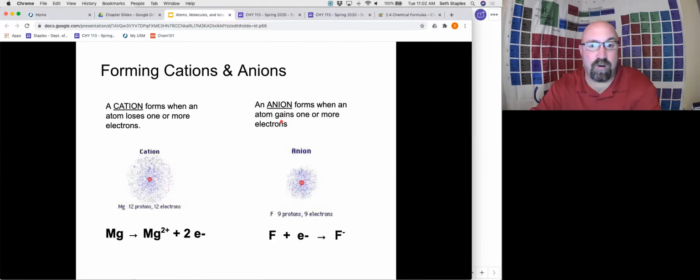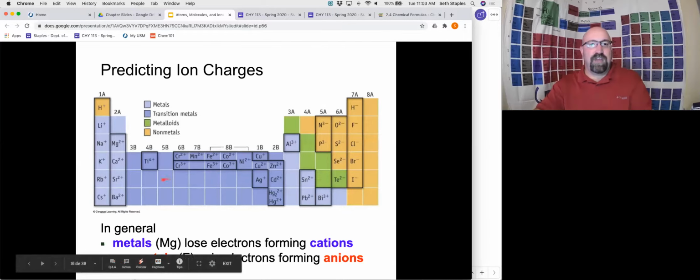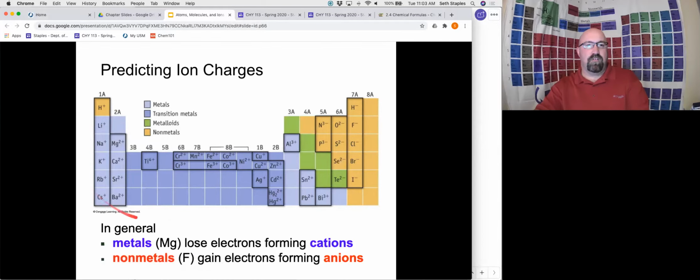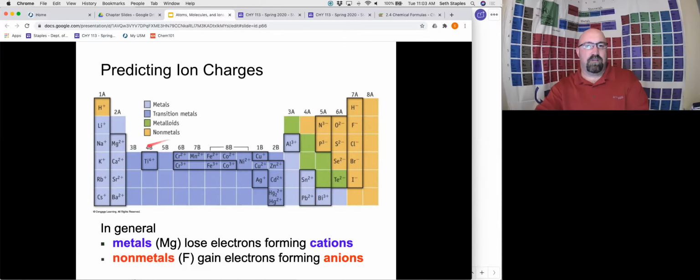And so to predict the charges of ions, this table does a good job of showing that metals, what do you notice here about all the metals? What type of charge do all metals have? Don't worry about the number. Just think about what type of charge they have. They have a positive charge, right?